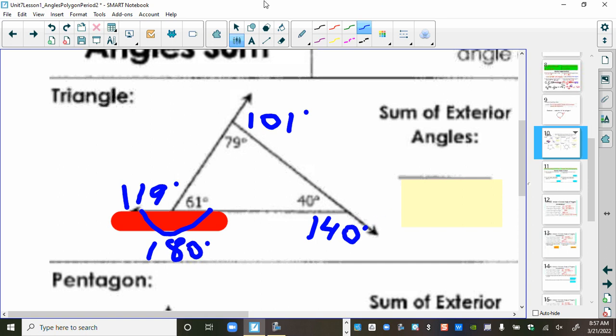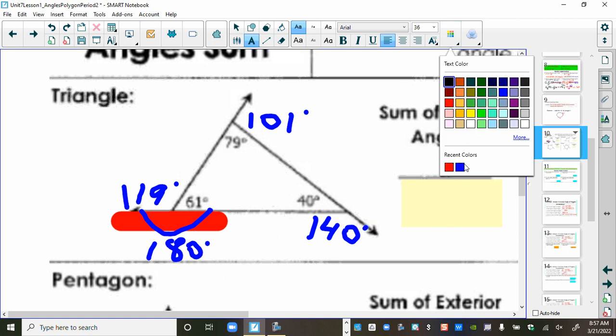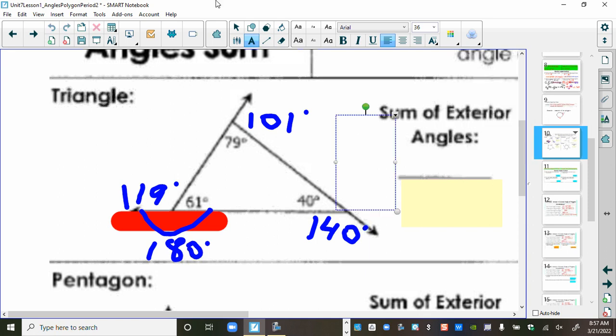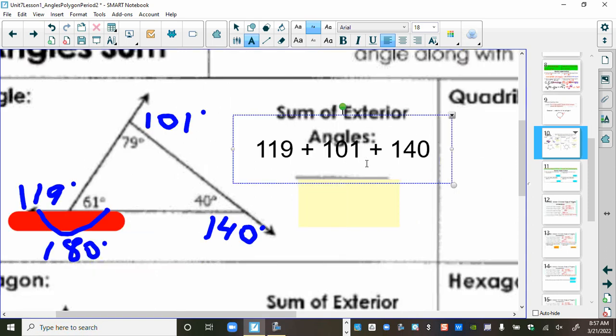What I want you to do real quick, add up 119 plus 101 plus 140.